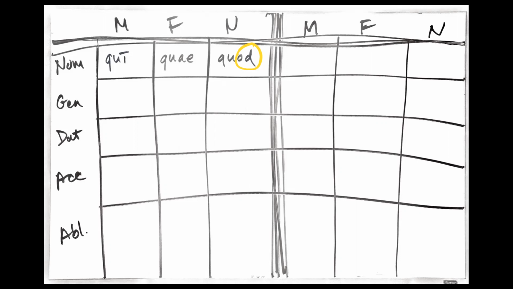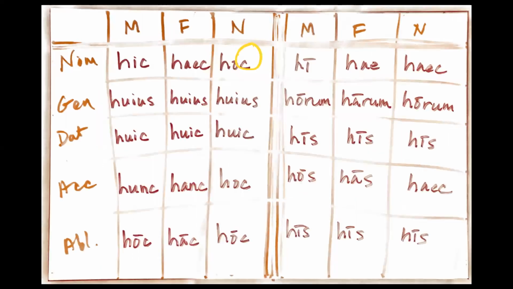Now, before we move on to the genitive and the dative, let's take a look at an old friend. Hic, haec, hoc. Take a moment to review the declension of hic, haec, hoc. The declension of the relative pronoun quae, quod is not exactly the same as hic, haec, hoc, but it does share a certain family resemblance.